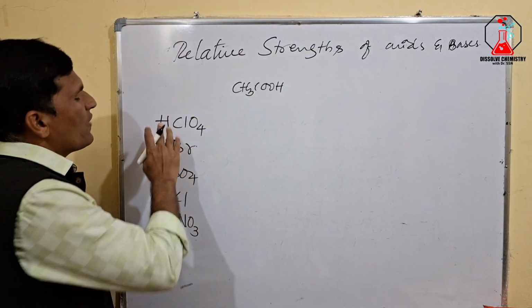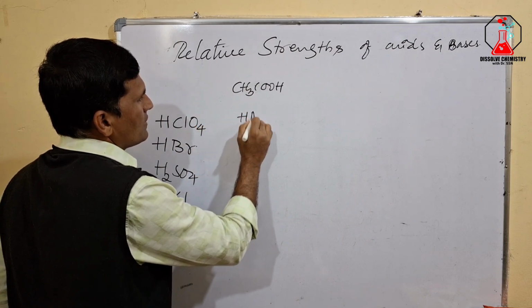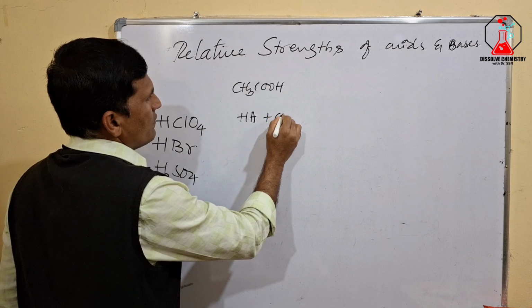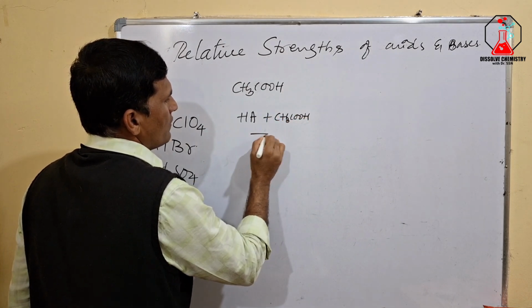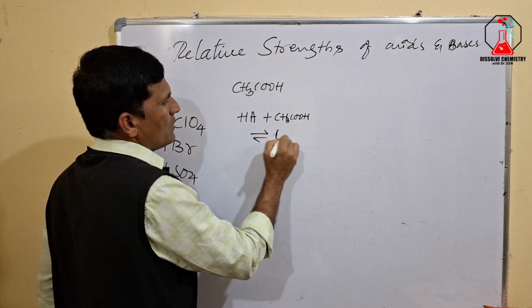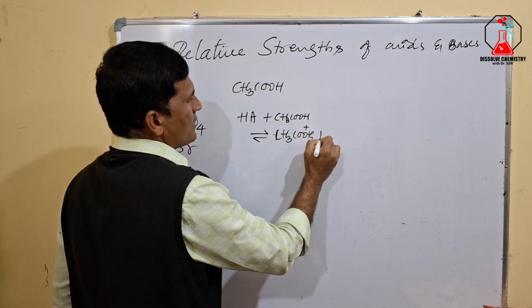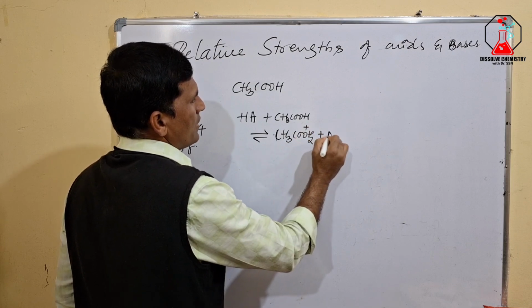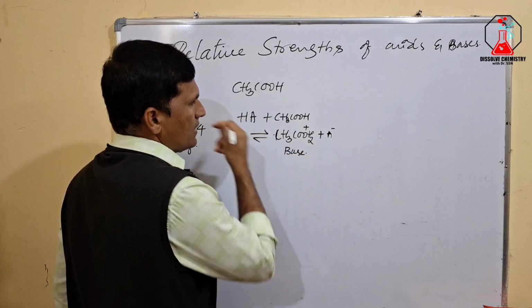Now if I dissolve HClO4, I will take one general example, HA. When we add it to acetic acid, it will undergo partial ionization to give CH3COOH2⁺. Here your acetic acid is accepting the proton and acting as a base.